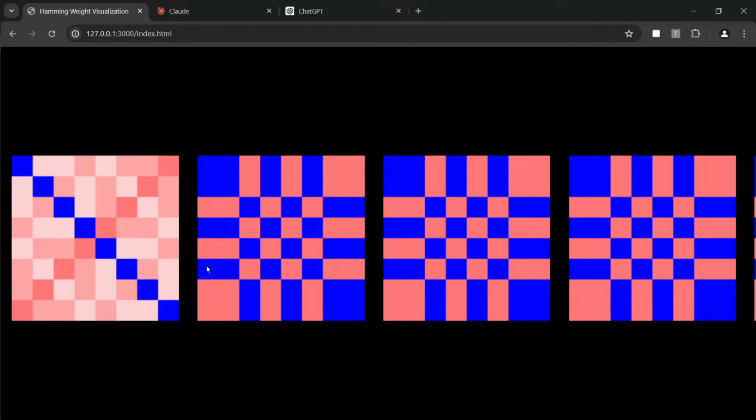So the idea would be that if you look at this entry, this is the Hamming distance between 0, 0, 0 and 0, 0, 1. And we're saying, well, we want it to be blue, and it's currently pink.